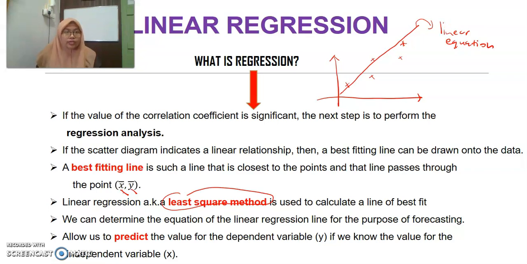Okay, so we need to determine the equation of the linear regression line for the purpose of forecasting. So in forecasting, it allows us to predict the value of y if we have been given the value of independent variable x.